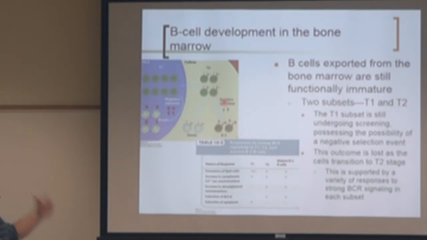Our blood passes through the spleen, and our spleen is where we recycle and get rid of dying red blood cells. If these dying red blood cells happen to have been infected with some pathogen, then that pathogen will be present in these areas. That's why we populate these areas with newly matured B cells, so that if they receive the proper signal, it will be a positive signal that leads to proliferation.